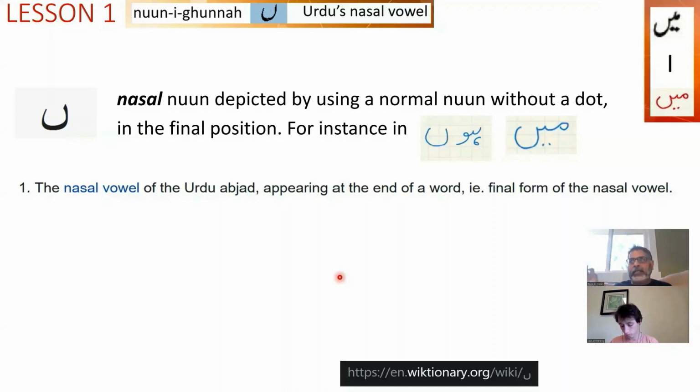The letter N in Urdu, and we did two words, Sanam and 9. We wrote 9 in Urdu. Now we're looking at its first cousin, or I guess it's a second cousin, the noon without the dot. And the noon without the dot is called noon gunna.